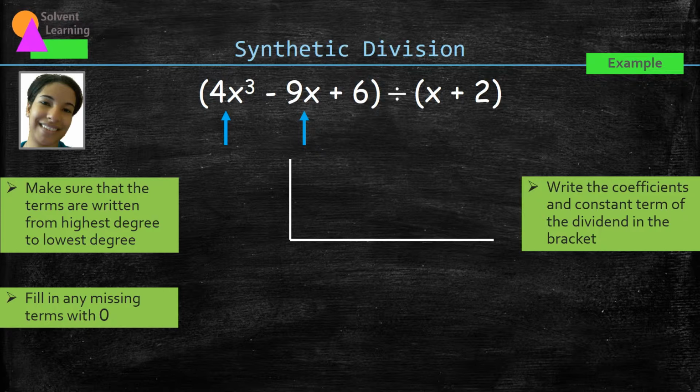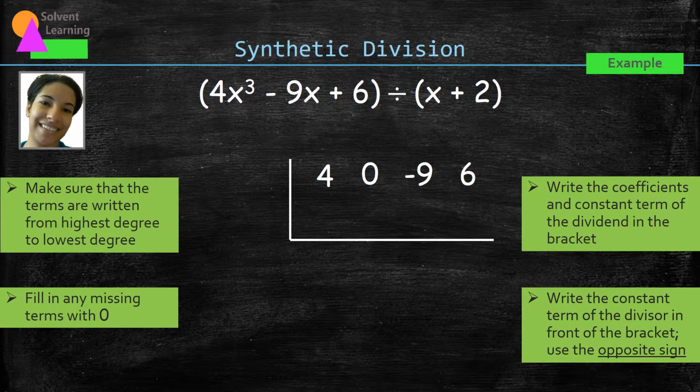Our first-degree term has a coefficient of 9, but since we have subtraction in front of it, we'll treat it as negative 9. And then our constant term is a positive 6. So we write each of those numbers in. Remember that since we didn't have a second degree term, we fill it in with a 0.